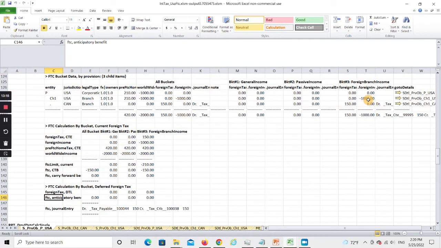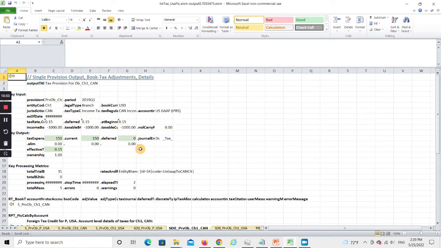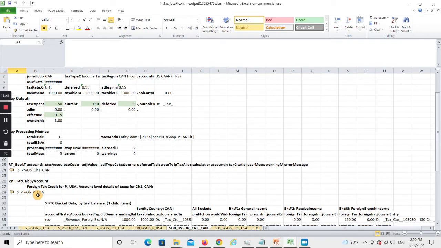So very similarly, because its branch is also paying tax to Canada, the foreign tax over here is being gathered from account level details as well. Let's go to details. This is the provision for CH1 Canada. So FTC information from CH1 Canada.